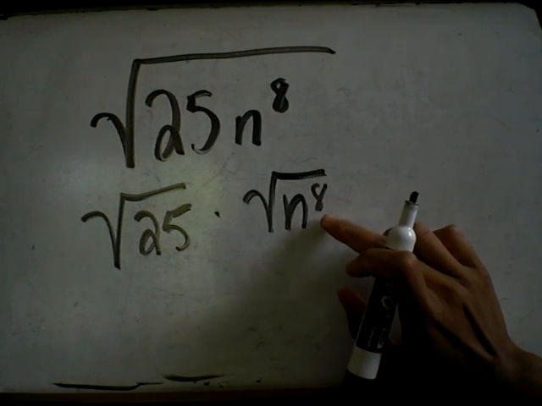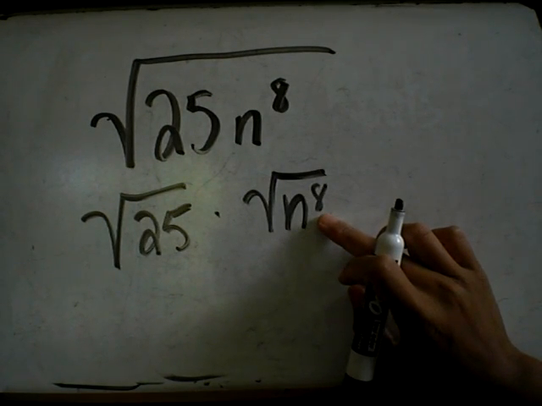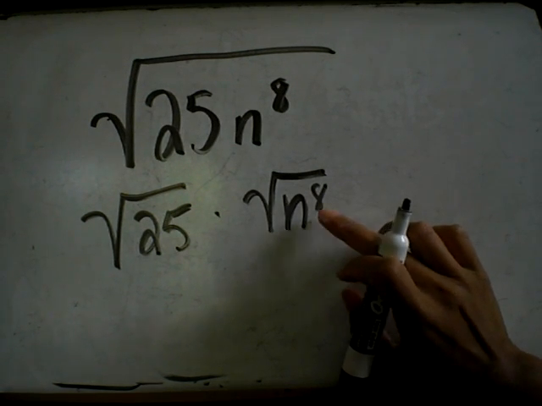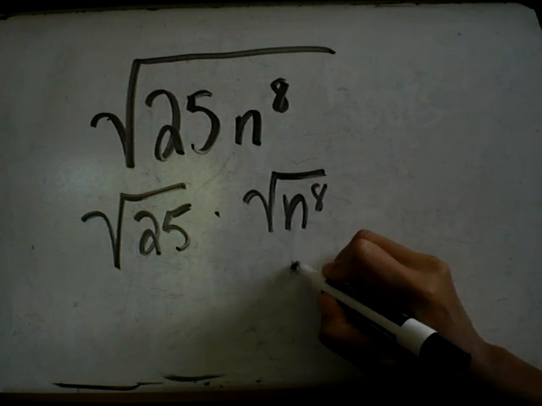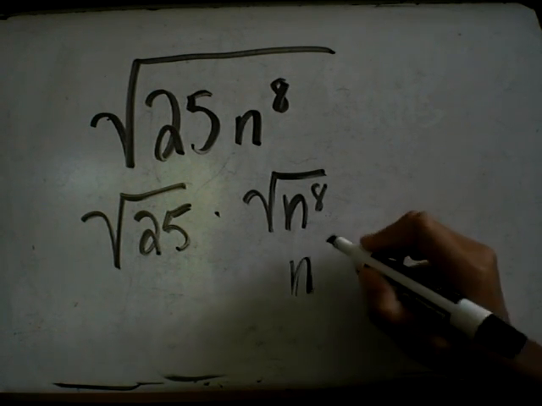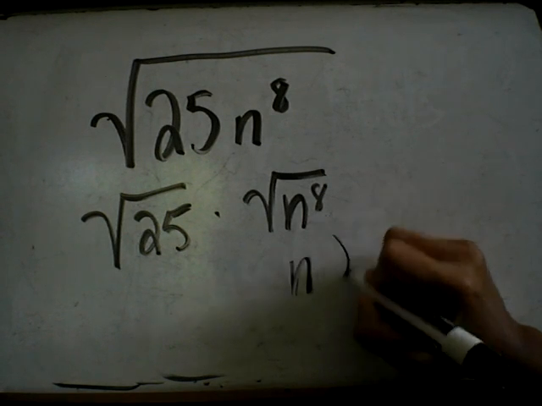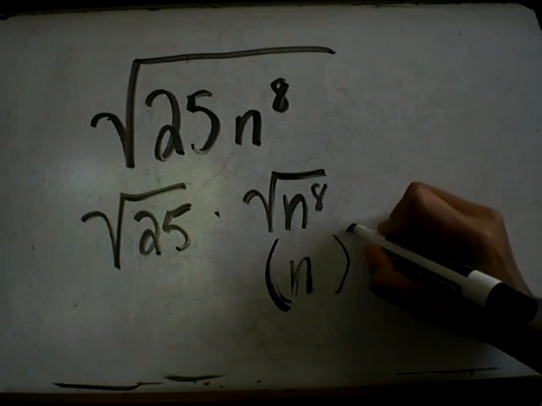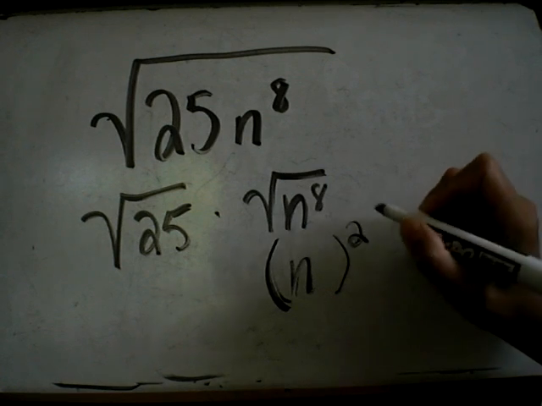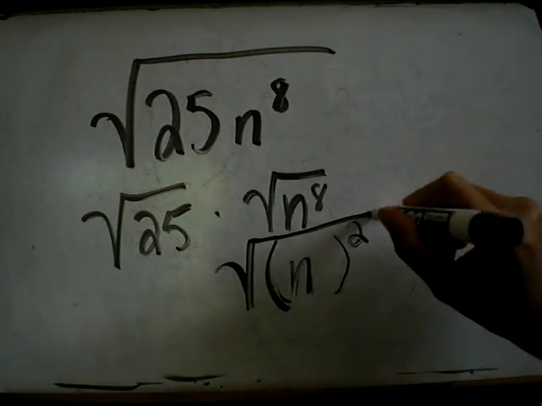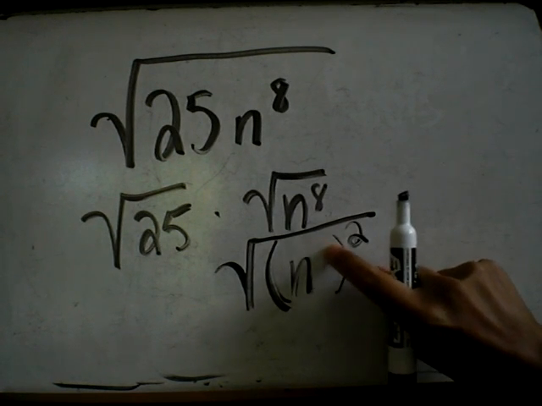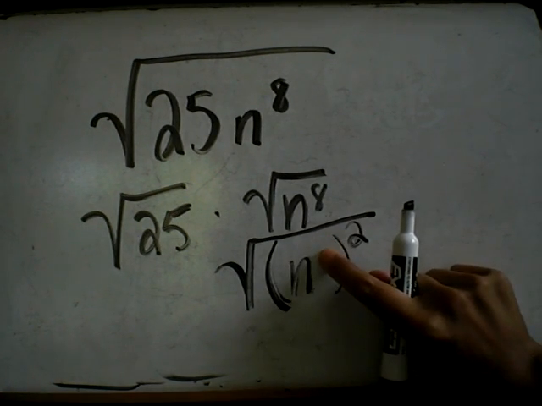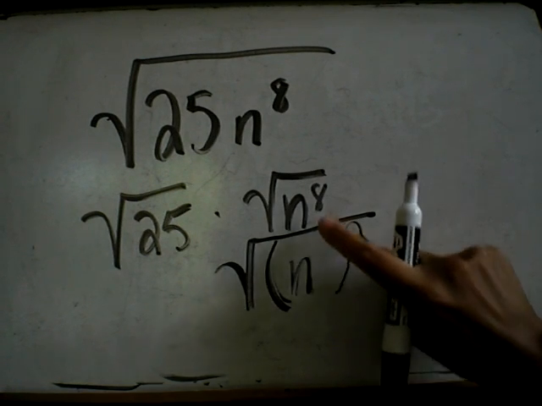Now, one way we can simplify this is taking this n to the 8th, and n to the 8th is actually equal to n to a certain power, to the second power, or squared, because remember, we're ultimately going to want to find the square root of that. So we have to think what exponent goes in here. So 2 times what will give us n to the 8th.